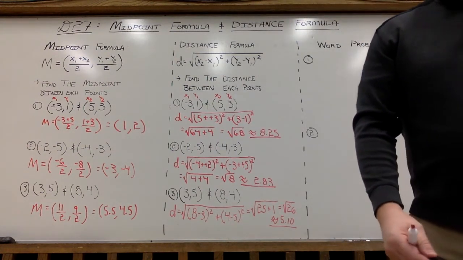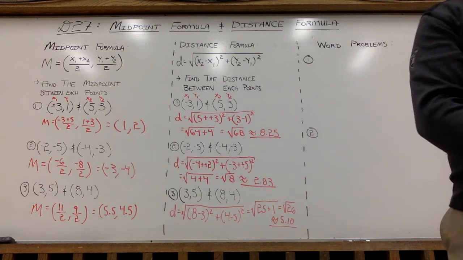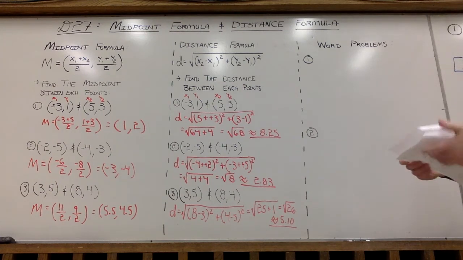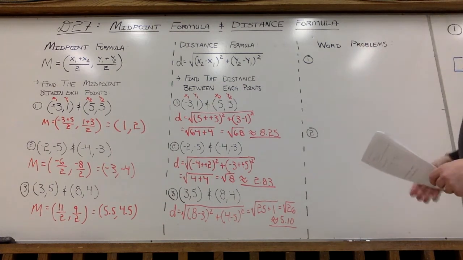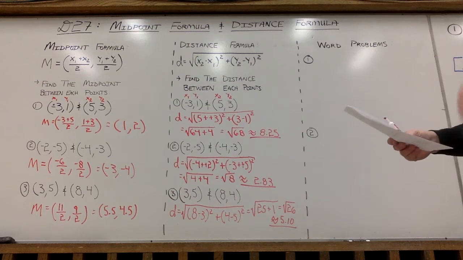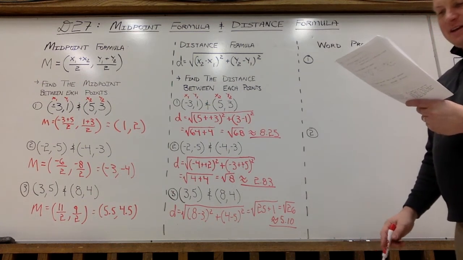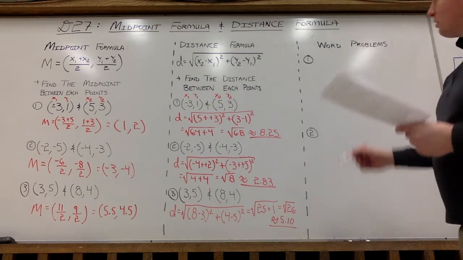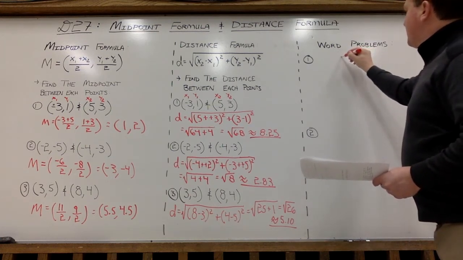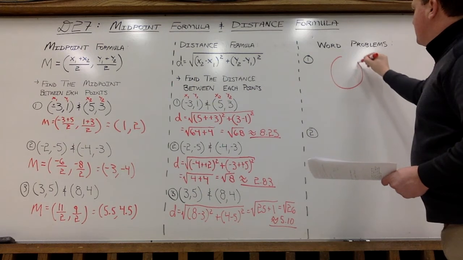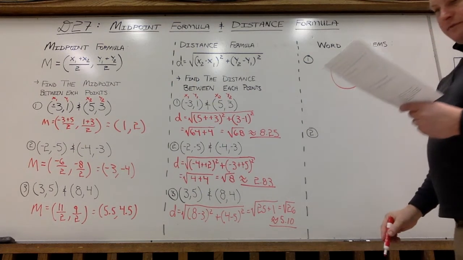All right, let's take a look at the 2 word problems here, and I do not have them written all the way out, so I'll just read and rock and roll. So we've got the segment AB is the diameter of a circle. So if we take a look here, we've got a rough sketch of a circle.